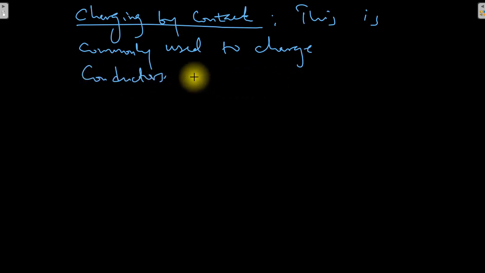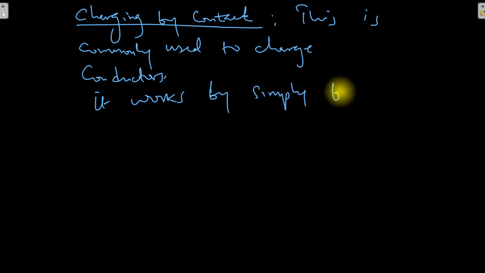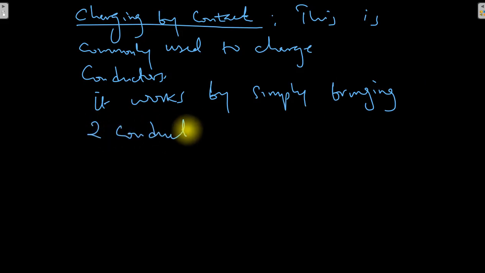And the way this method works is that it works by simply bringing two conductors to contact, and they will get charged immediately.